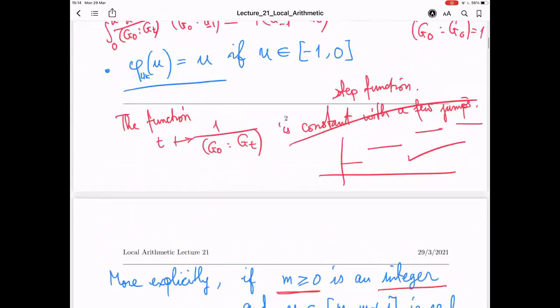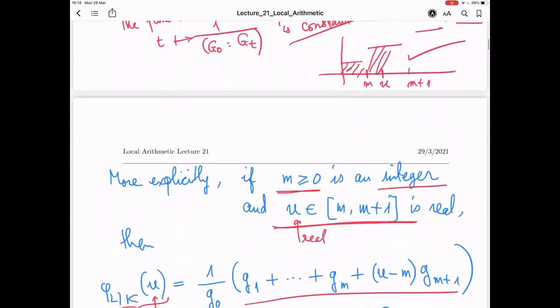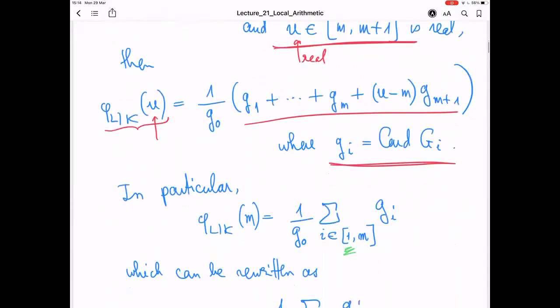And that's clear from this picture, right? Here is your U, here is, let's say, m, here is m plus 1, and this integral you can just compute because this is a step function.